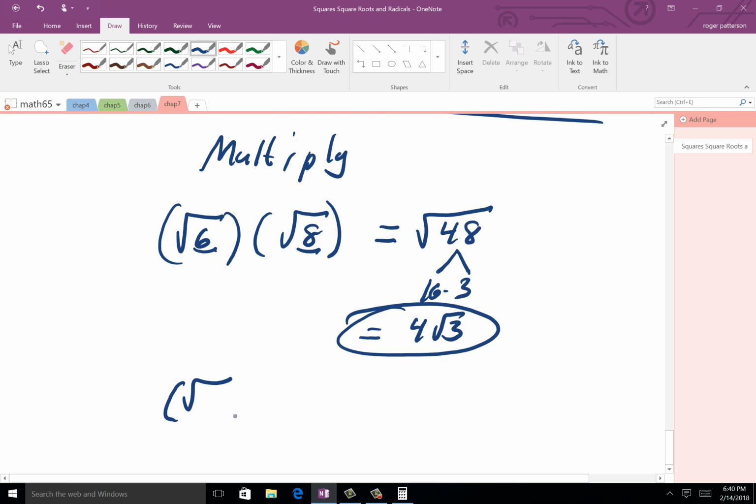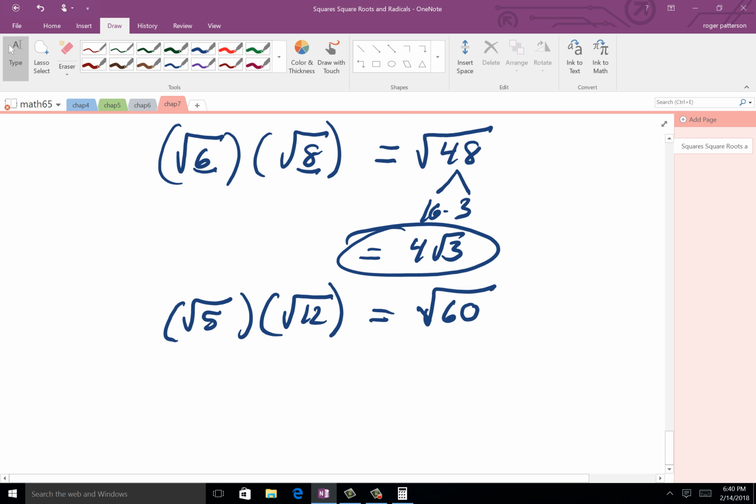We'll go square root of 5 and the square root of 12 gives us the square root of 60. Okay. But is that simplified? Can we break that down anymore? Anything go into 60? 6 and 10 do.